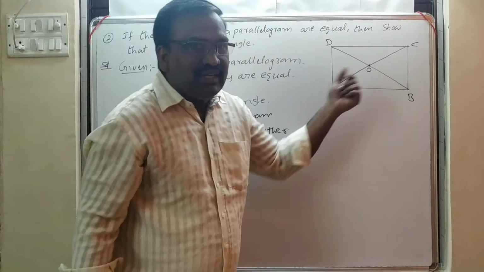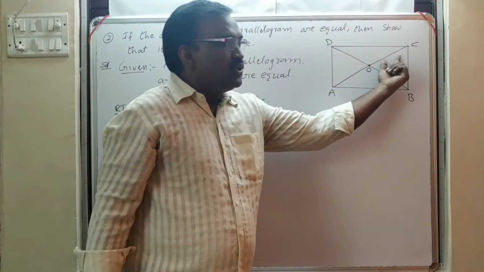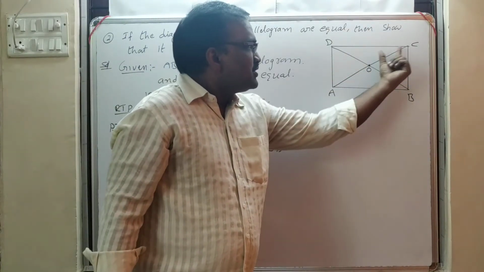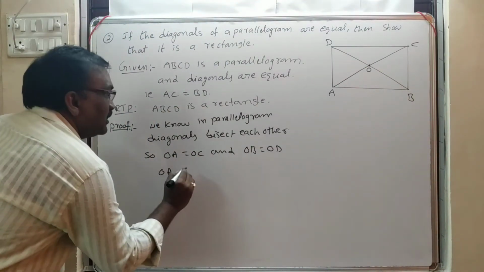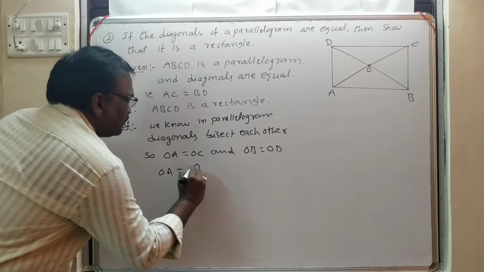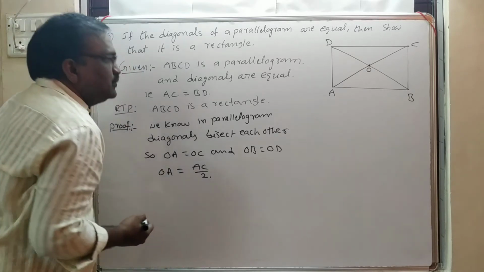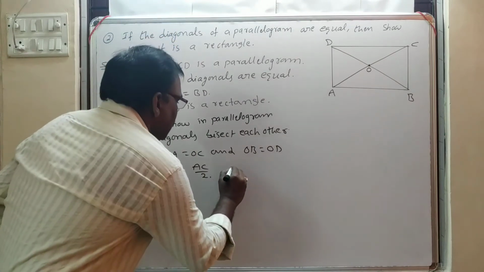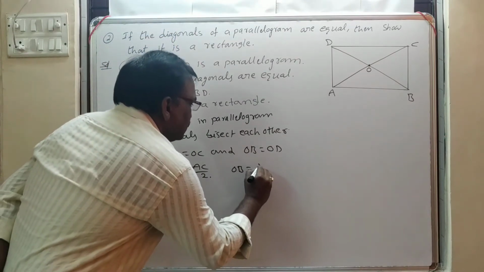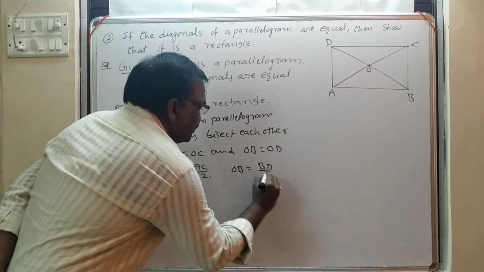Now also the diagonals are equal, given. OA is equal to OC, so OA is half of AC. OA is equal to AC by 2, and OB is half of BD. OB is equal to BD by 2.